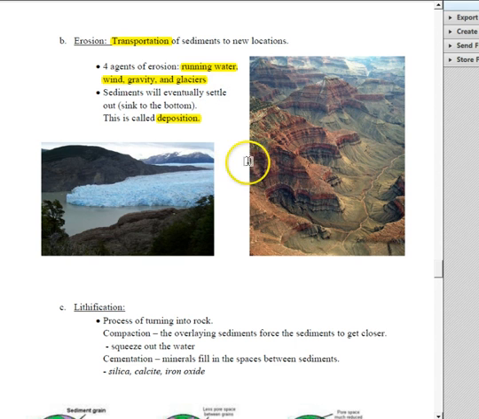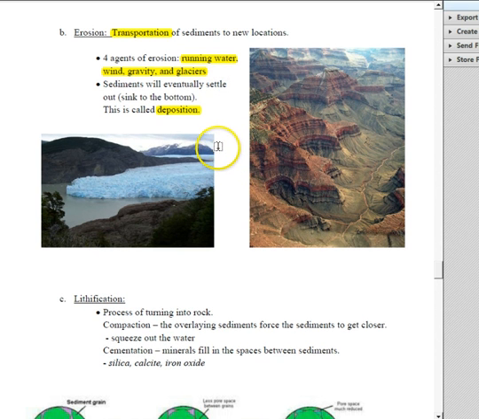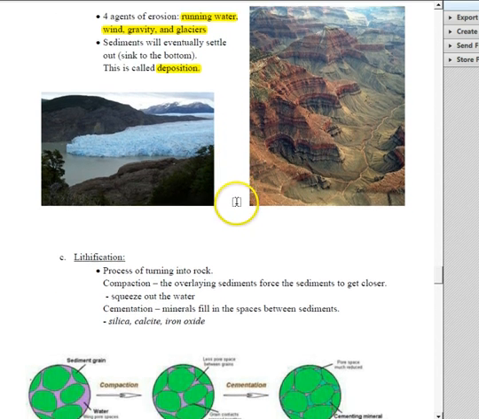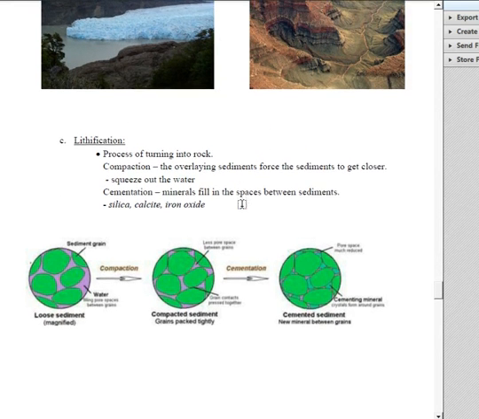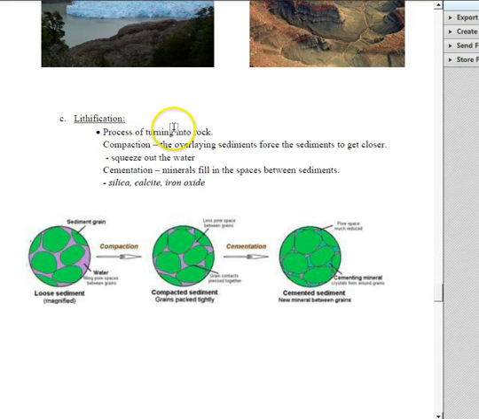Okay, so once we have sediments sinking to the bottom, this is when we are going to start the process called lithification. Okay, and remember that process of lithification is when we're actually going to now go from the sediments to a sedimentary rock. And there are 2 parts to that. First is compaction. Okay, so imagine a beach or the bottom of a river.